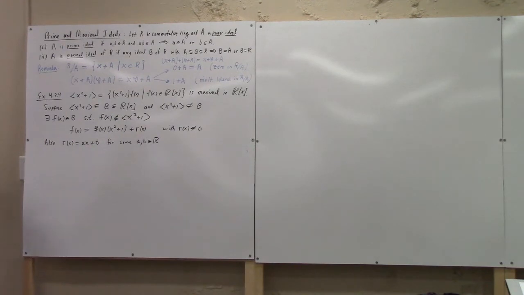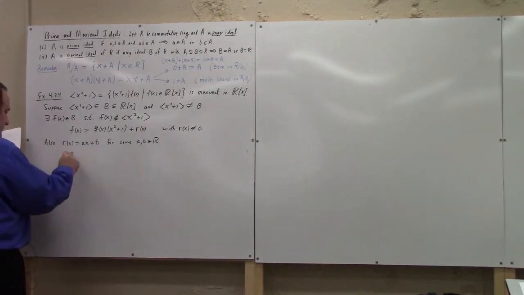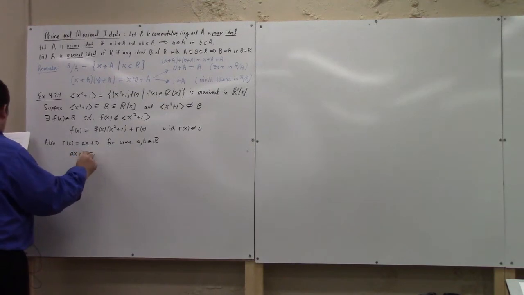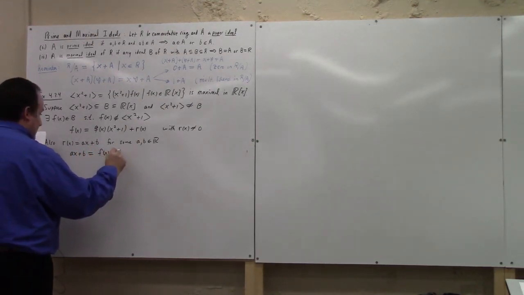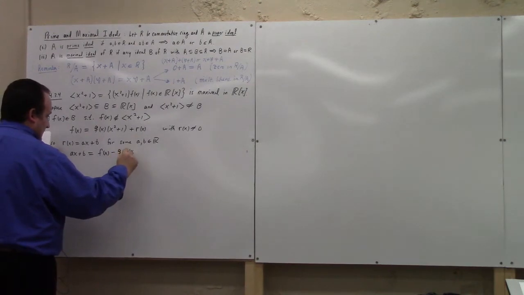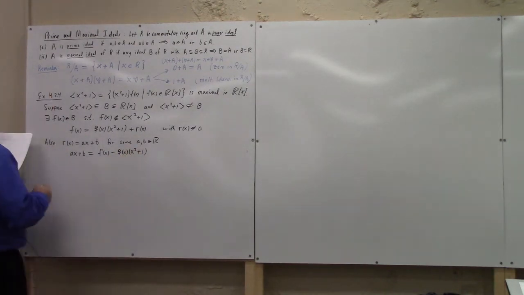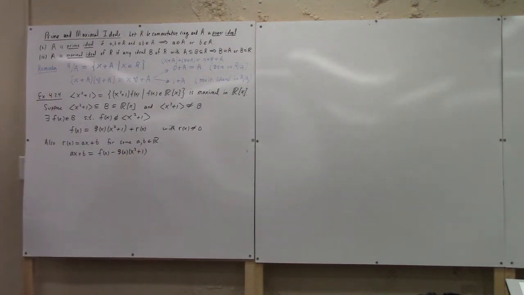All right, so let's rewrite that. What we have is ax plus b is equal to f of x minus q of x times x squared plus 1, right? And what can we say about that? Well, we're looking at f of x is in B, right?